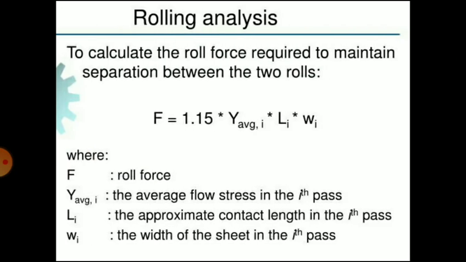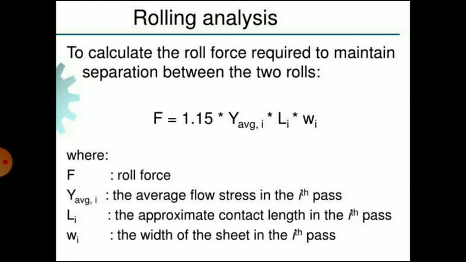Then to calculate the roll force required to maintain the separation between the two rolls, it will be equal to 1.15 times the average flow stress Y average, times the approximate contact length in the first pass, times the width of the sheet. That is the roll force.